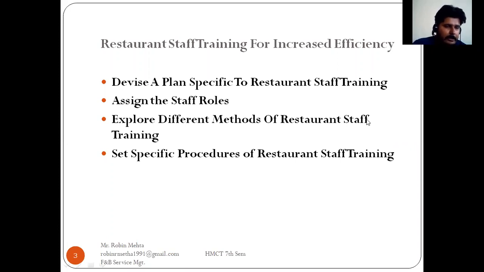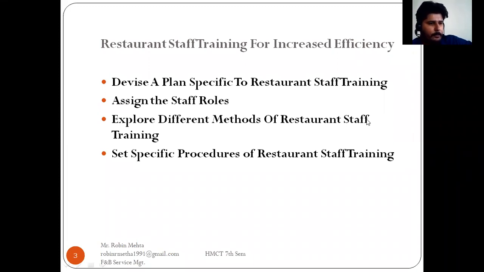There are many specific plans to train staff. For restaurant staff there are different types of plans, and for housekeeping there are different types of plans. So for restaurant staff training there is a specific plan to increase their skills.